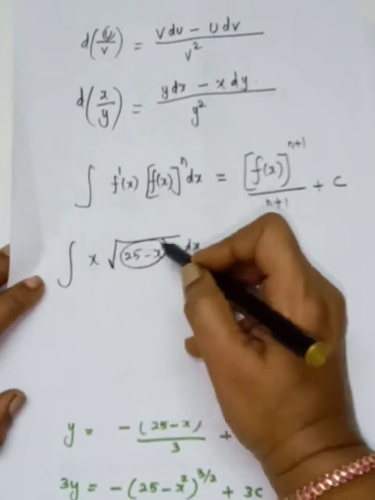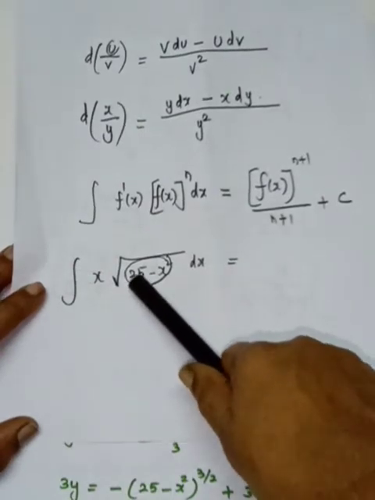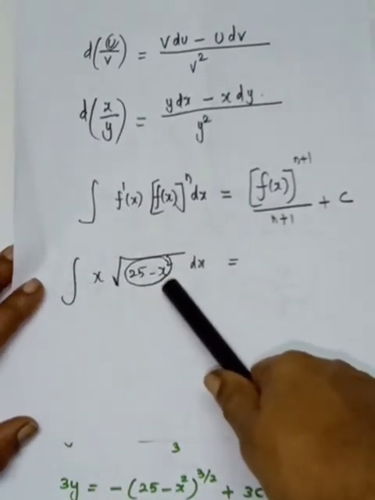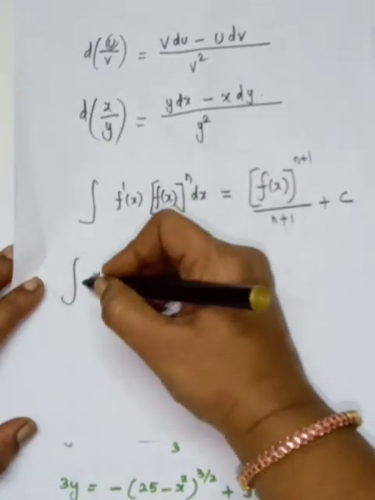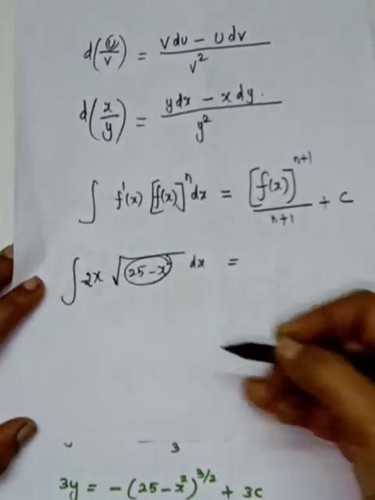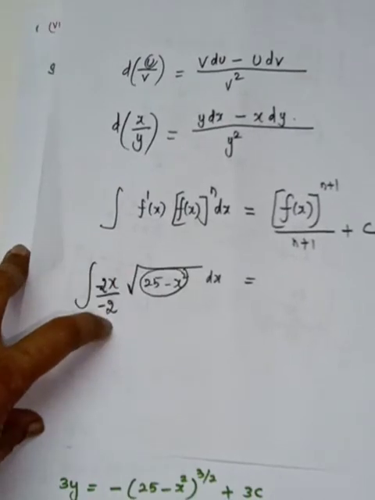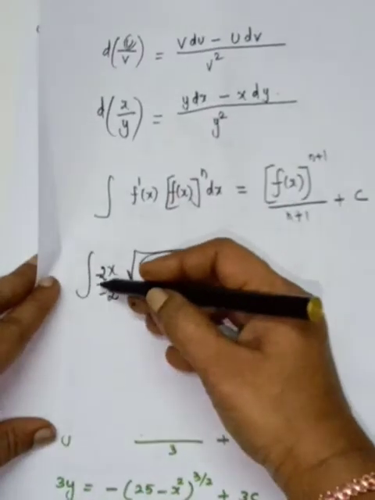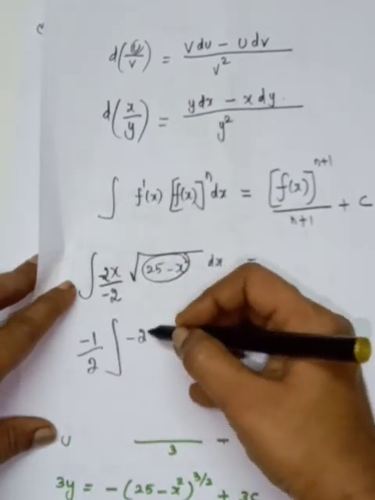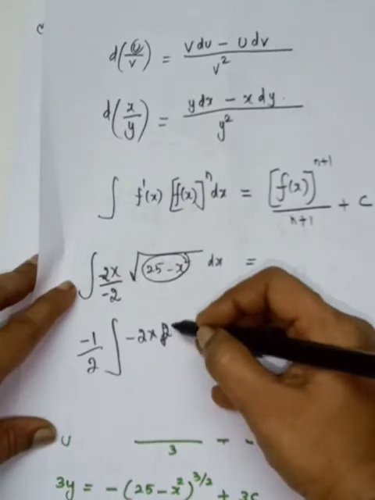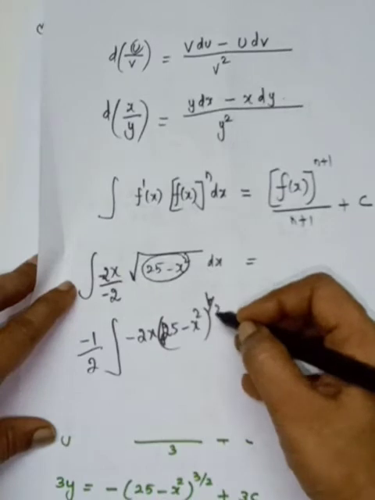If you differentiate 25 minus x squared, what has to come? The differentiation of 25 is 0 and the differentiation of minus x squared is minus 2x. But here you are having only x. So we have to multiply and divide by minus 2. This minus 2 is a constant, so we can take it out: minus 1 by 2 integral minus 2x into 25 minus x squared the whole power 1 by 2 into dx.